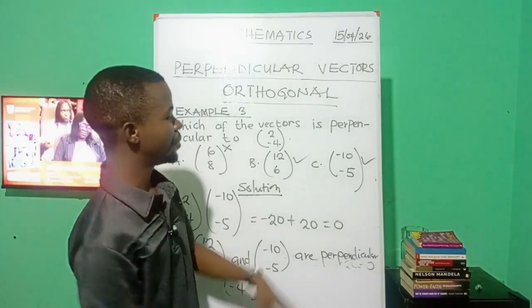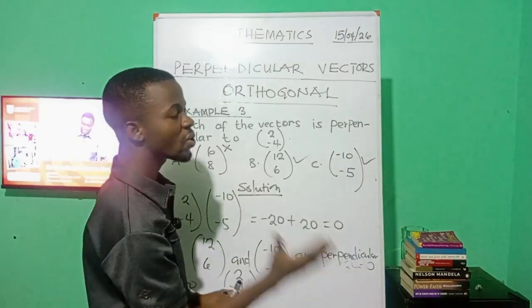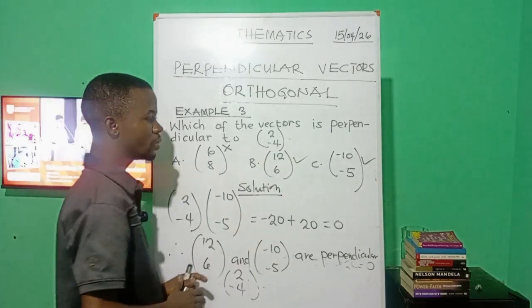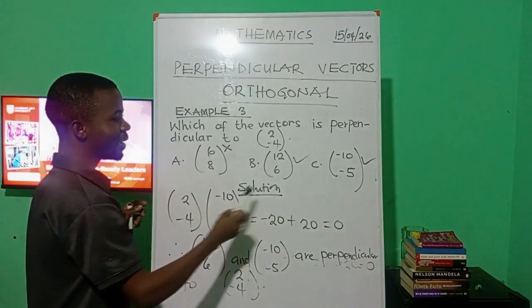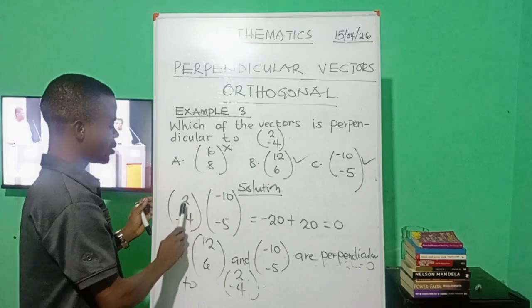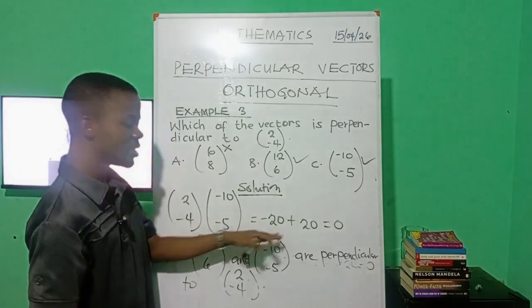For the third vector, we will take the vector negative 10, negative 5 and compare it to 2, negative 4. So we will multiply the 2, negative 4 by negative 10, negative 5. 2 will multiply negative 10. That will give you negative 20.